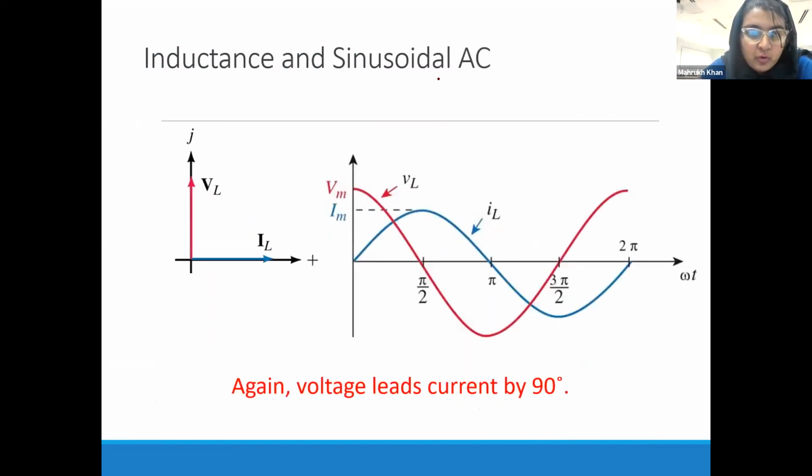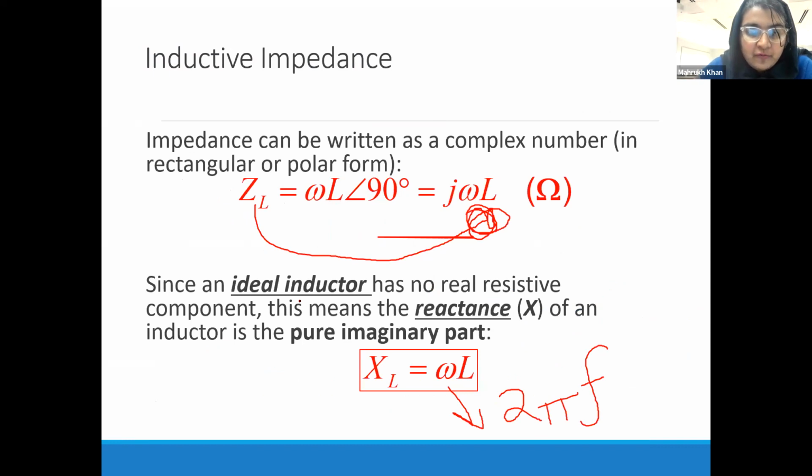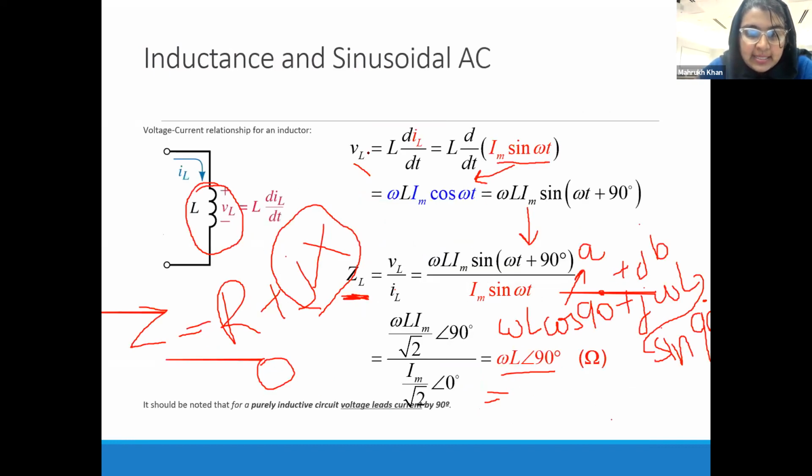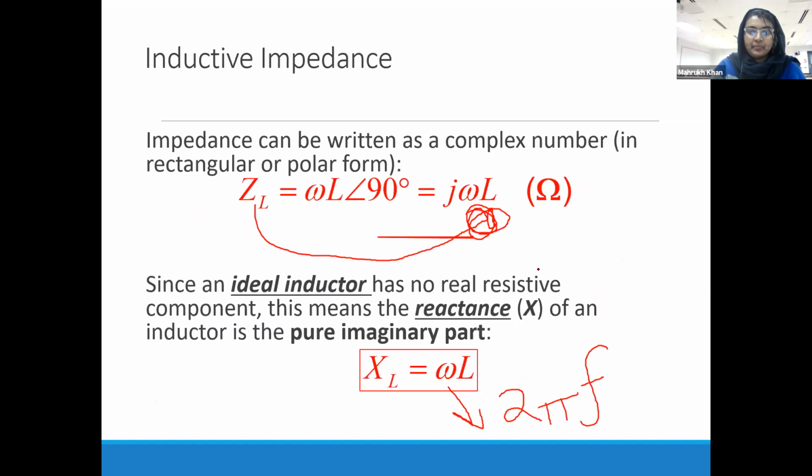In case of your inductor, you can see that your voltage and current are not at the same level. They are not in phase. So if your current is sine omega t, your voltage is sine omega t plus 90. We learned that plus means that it is leading, and lagging means that it will start later than its current, okay?